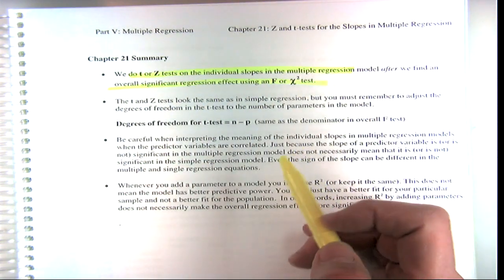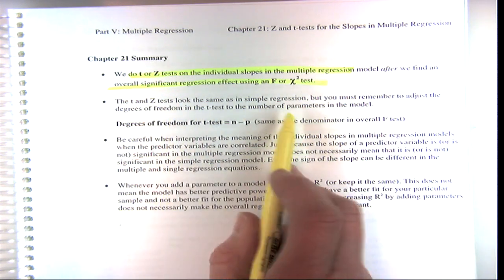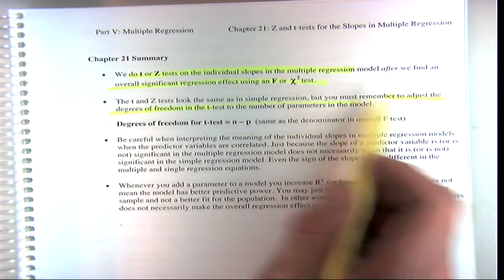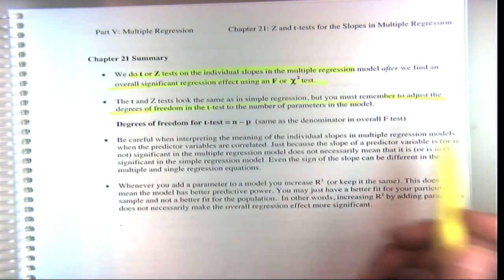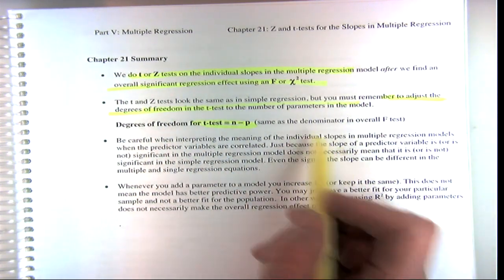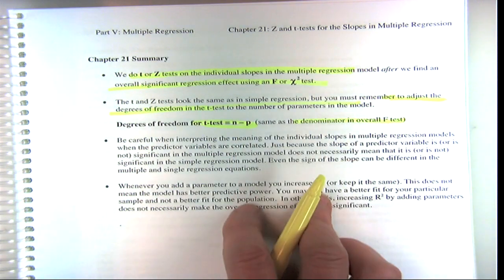That's what we did. And these T and Z tests are the same thing we did in the simple regression, but you have to adjust the degrees of freedom for all the other parameters in the model. And it's the same as for the F test.